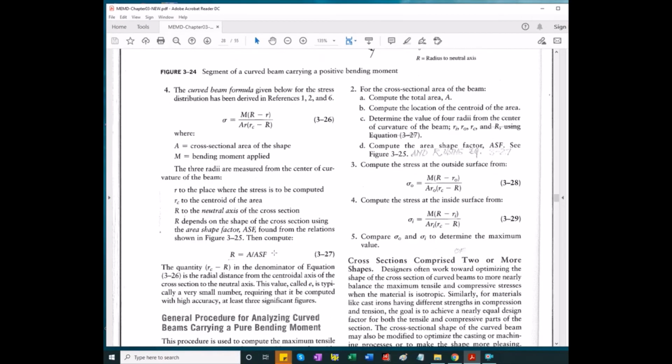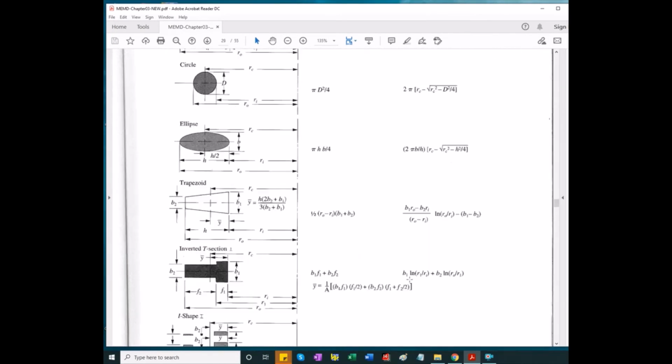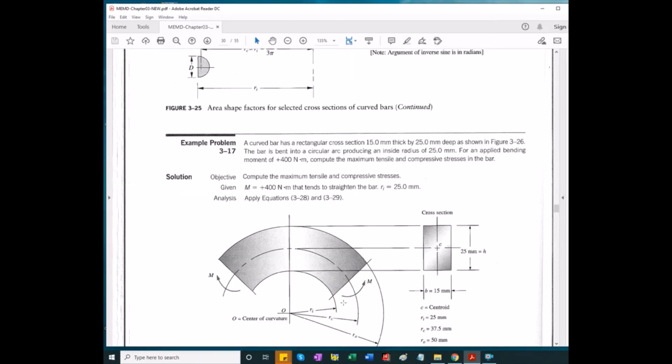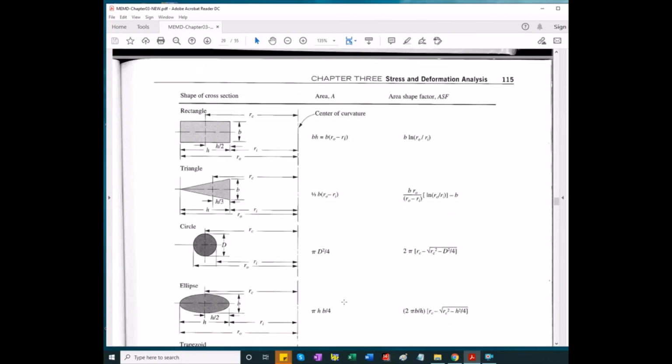Okay. How do we calculate R? We calculate it using what is called the area shape factor. So you divide the area of the cross section by this area shape factor. For the area shape factor, we have a number of common cross sections, as well as an explanation of how to tackle problems where you have a combination of shapes.